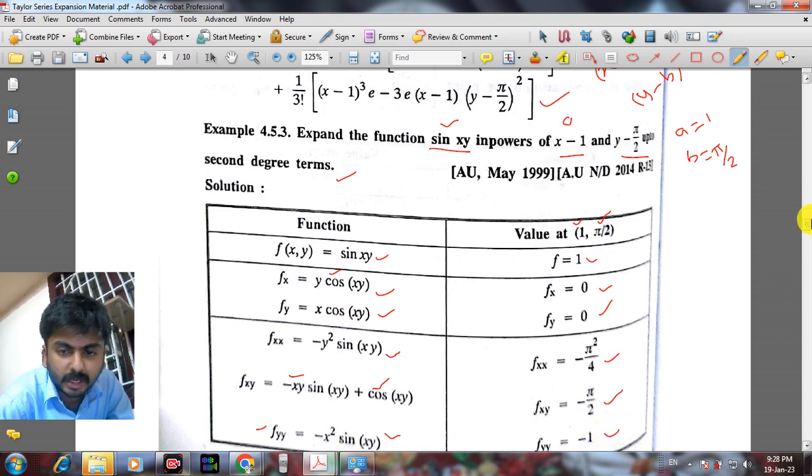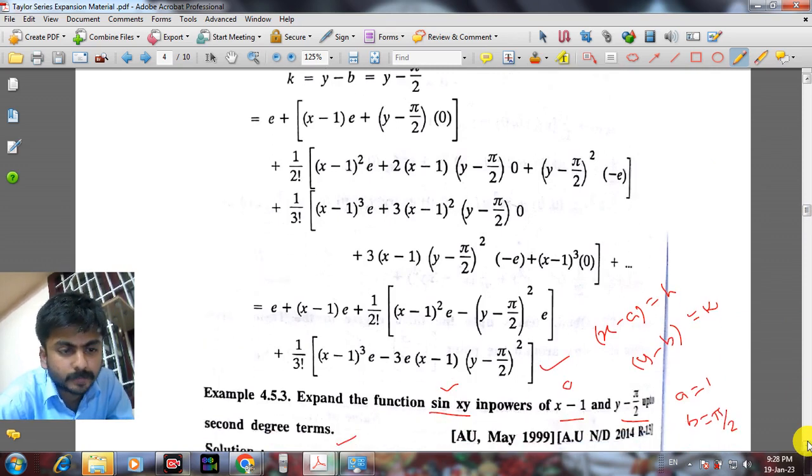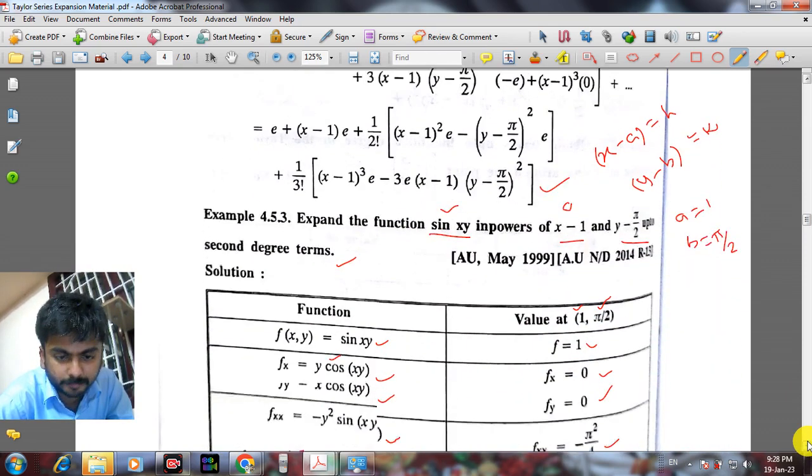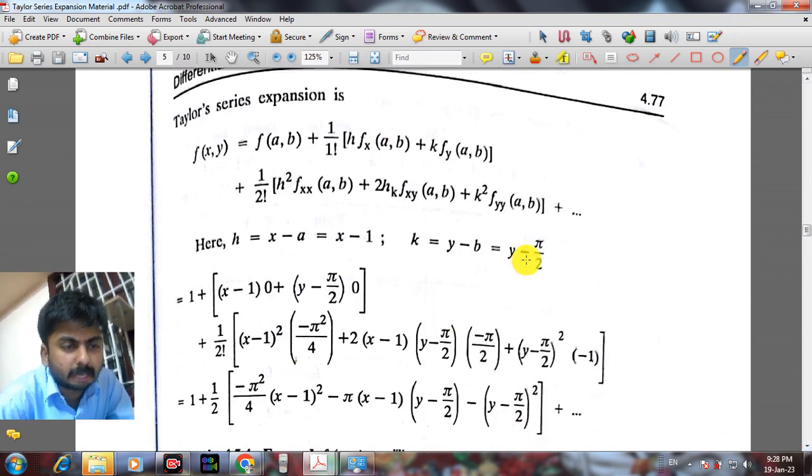Now we have values for the partial derivatives involved in the formula up to second degree. Up to second degree means we have to stop at a plus b whole square by 2 factorial. We have to stop it here itself.